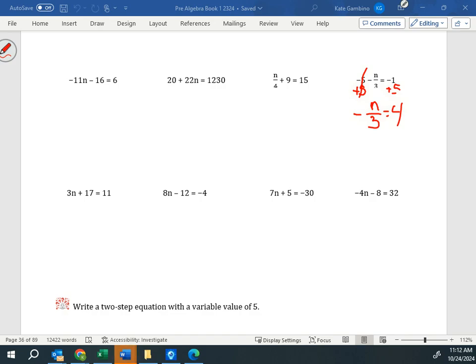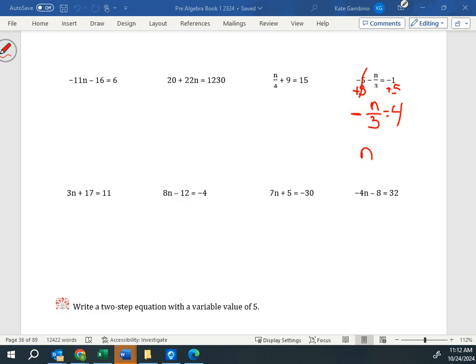What's my next step? Hadley? What do I multiply? So I have a 3 here, but I also have a negative. And I want to get rid of that negative because I want my final answer to be a positive n.